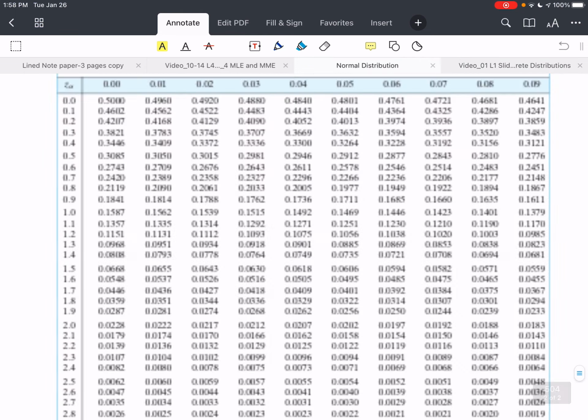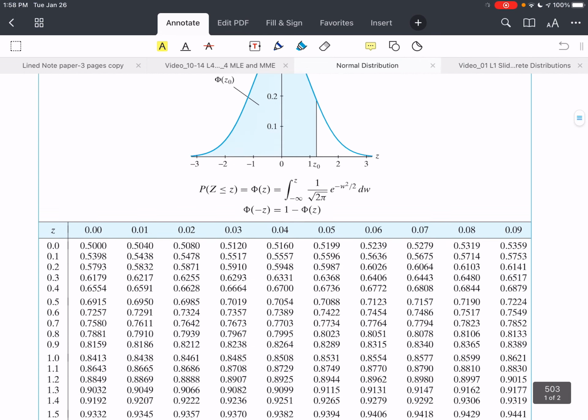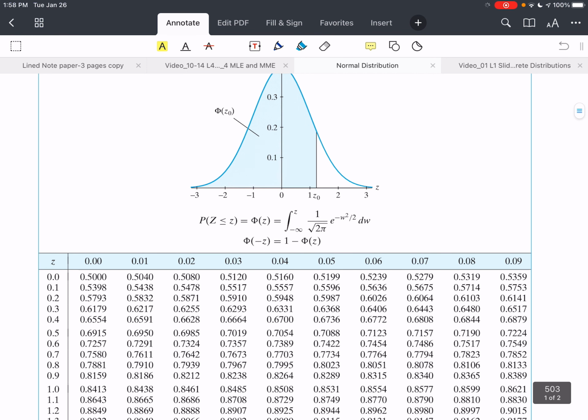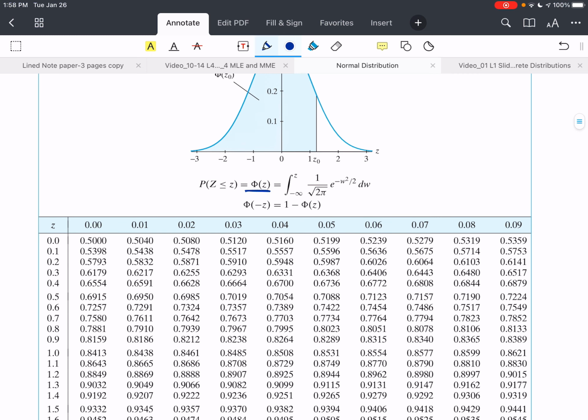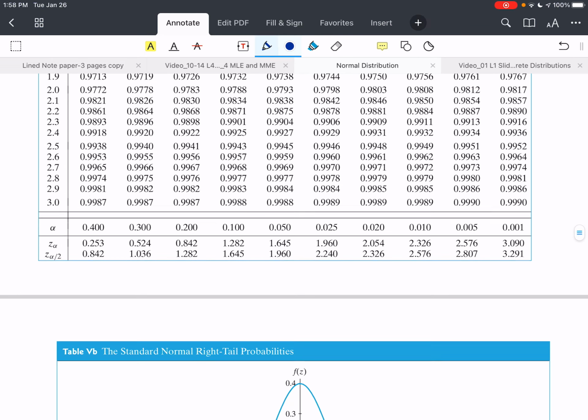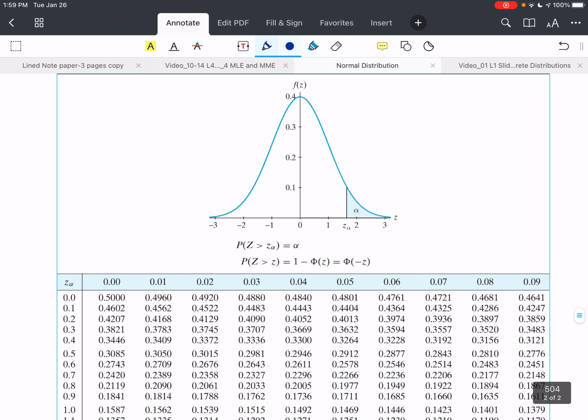Now we go to the normal distribution table, and I need the negatives. The first table has the positive z's, and so we'd have to subtract to get the negative. Or we can get it directly from the second table.